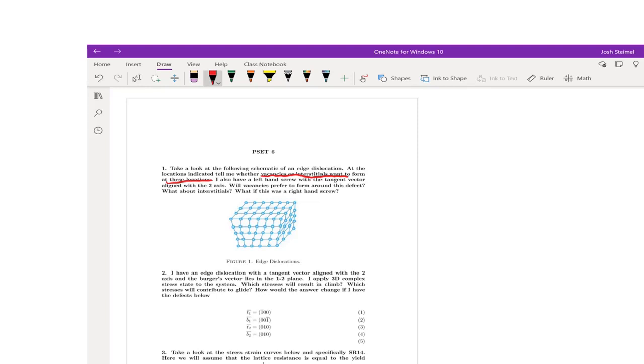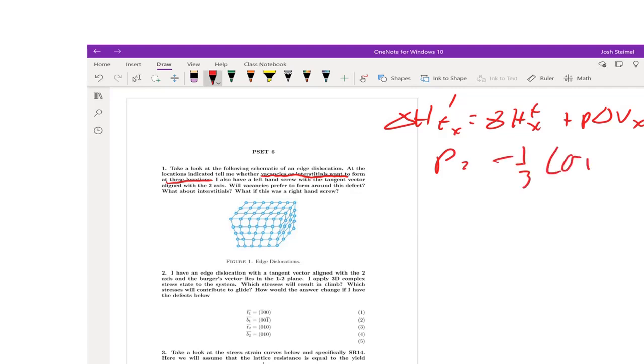If you remember previously in class, we said that the new enthalpy of formation of some X, where X just stands for vacancy or interstitial, will equal the regular enthalpy of formation of that defect plus P delta Vx. Again, basically the change in volume at that point, whether it's a vacancy or interstitial. So we know that pressure is equal to minus 1/3 sigma 1,1 plus sigma 2,2 plus sigma 3,3.